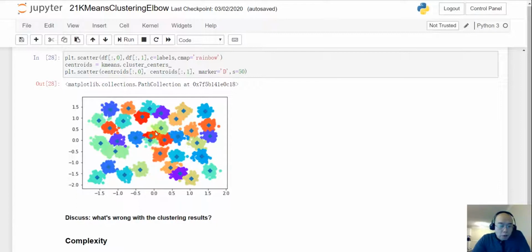What I can see is, in the very center, there is one cluster that somehow receives two centroids. So there are two centroids dividing one cluster. And then here, there is only one centroid right between two original clusters.